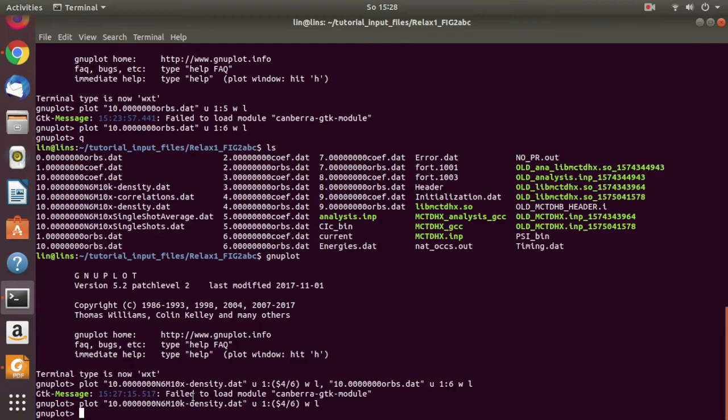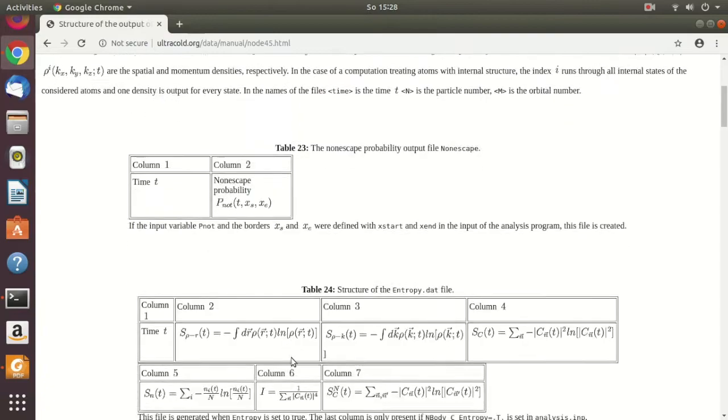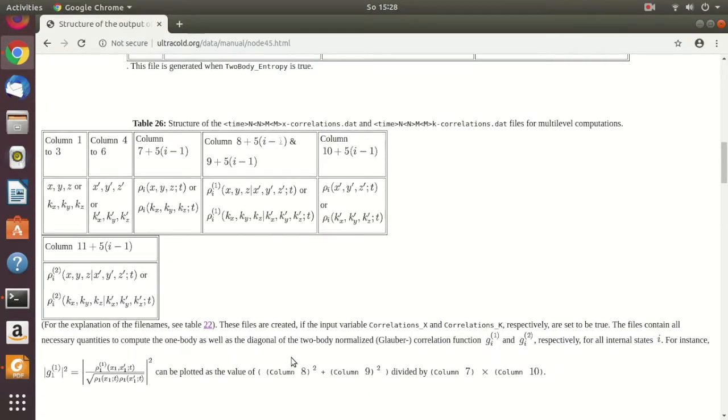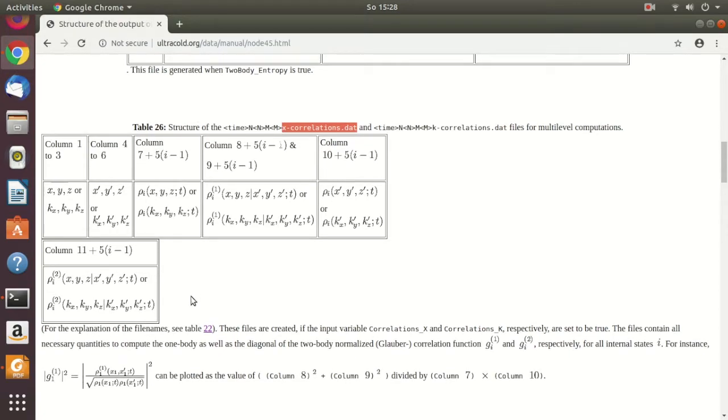And the next one is the x correlations files. The structure of the x correlation file can be found here. So this is the x-correlations.dat file. The correlations are always between 2 points, x and x prime.